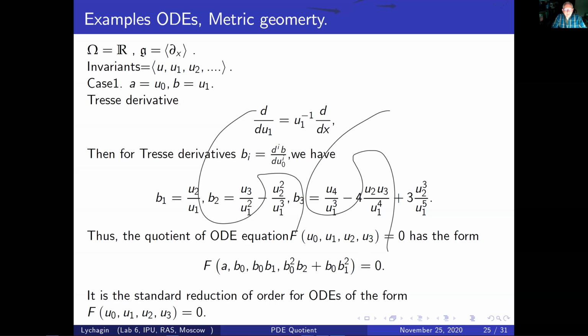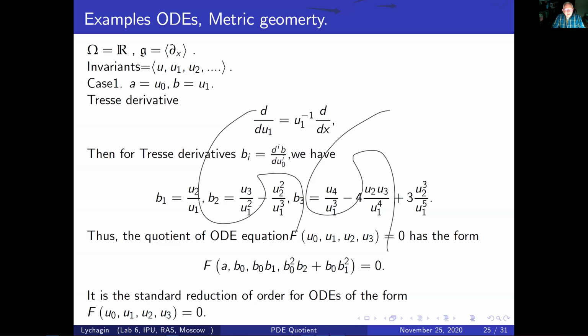Okay, so just a few examples of constructions of quotients. I will start with ordinary differential equations. Its computation is much simpler and much more visible. So let's start with the group G. It's just translations in x, without any equation.